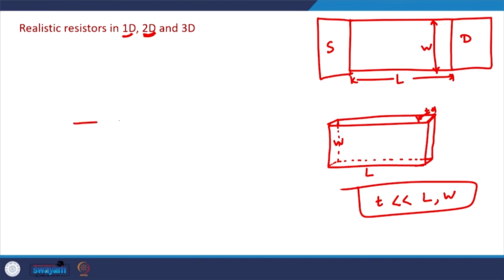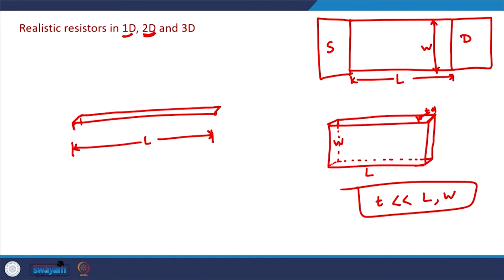Similarly, a 1D conductor or a 1D channel is not precisely a 1D channel. We generally assume that a 1D channel has length L and is a linear kind of conductor, but invariably it will look something like this.